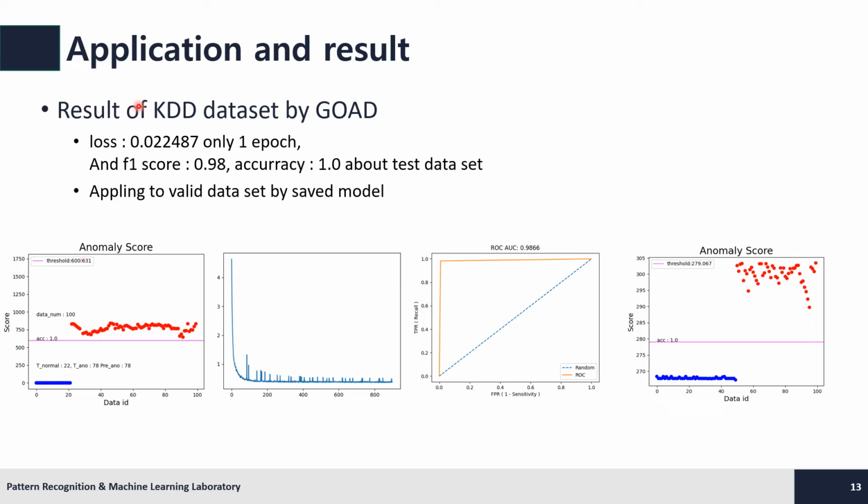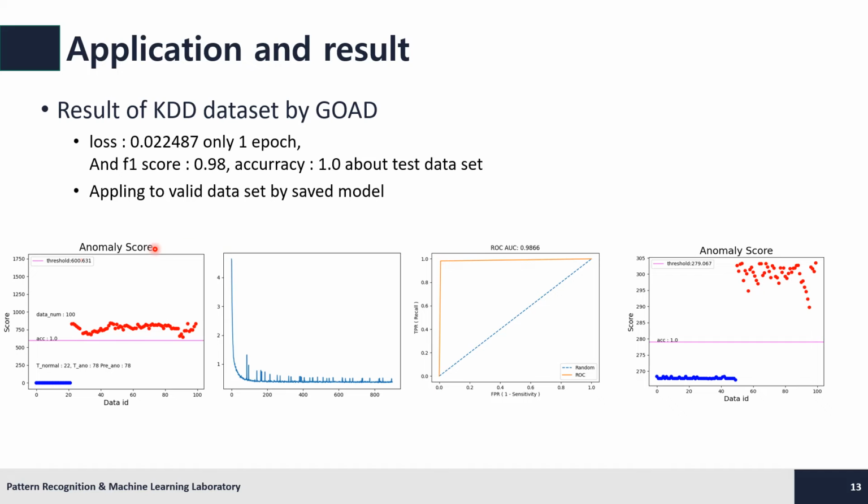I first trained GOAD with the cyber attack benchmark dataset, KDD data, provided with the code. The code provided with this paper did not provide any chart and didn't test the valid data by saving the model. So I divided valid data and tested it.